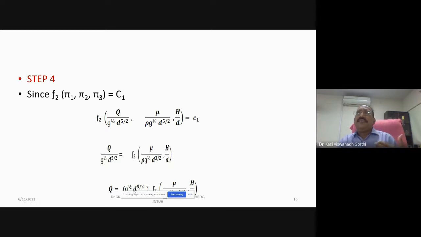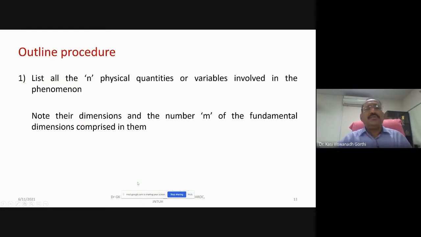You multiply with pi by 4 into root 2 and divide with pi by 4 into root 2, so that you get a, the cross-section area of the orifice, into root 2 gh into a function of something which is equal to the coefficient of discharge Cd. So this procedure, which we just saw in the problem of flow through an orifice, is now outlined here in a stepwise manner.